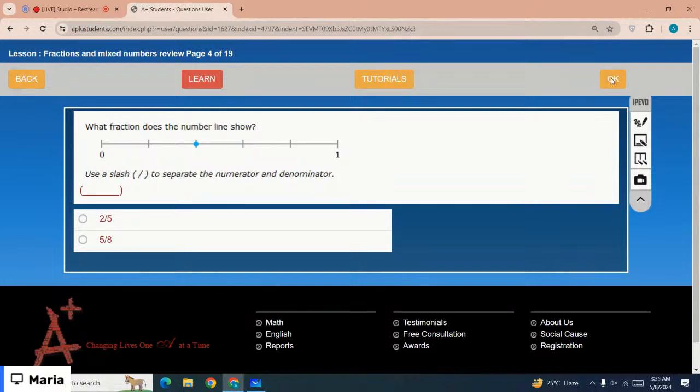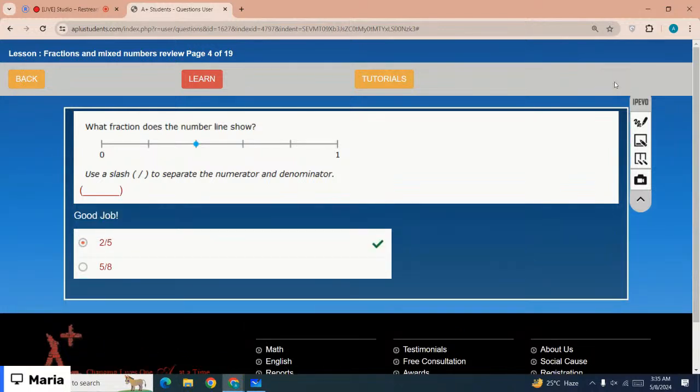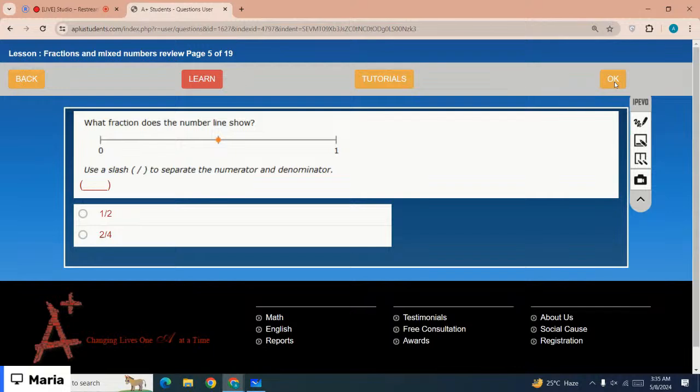The correct option is 2 out of 5. What fraction does the number line show?